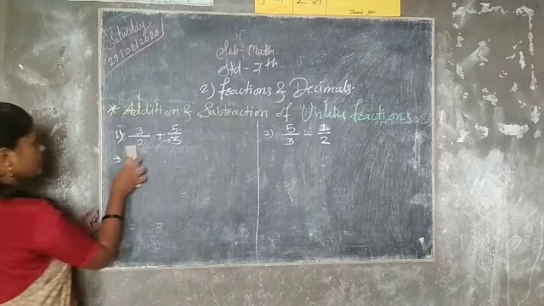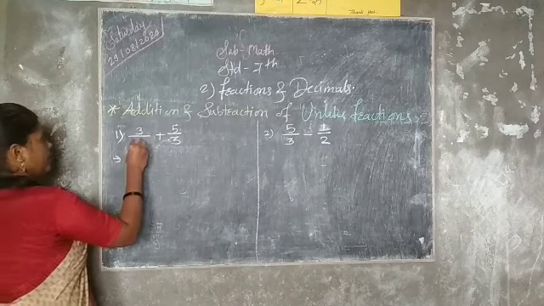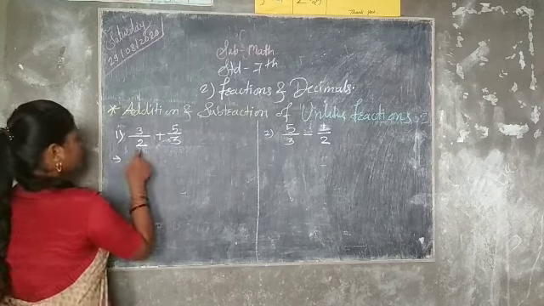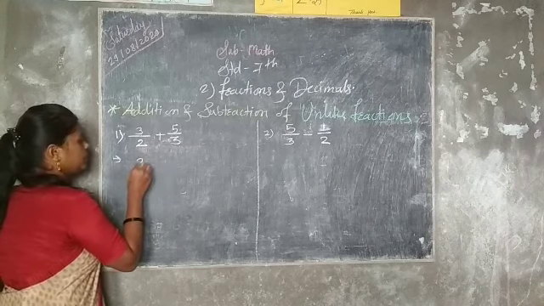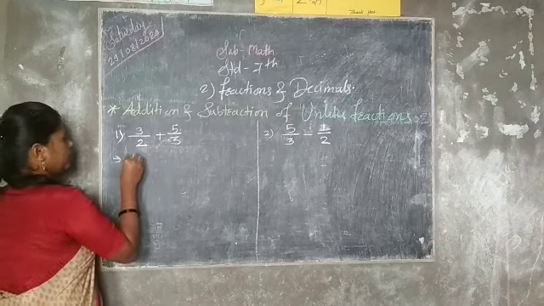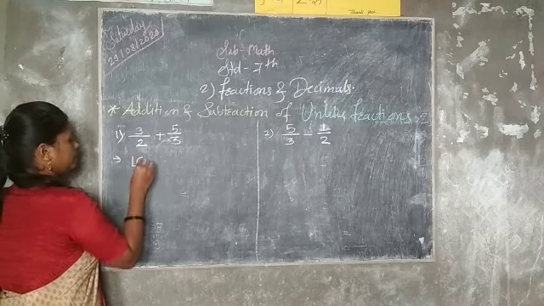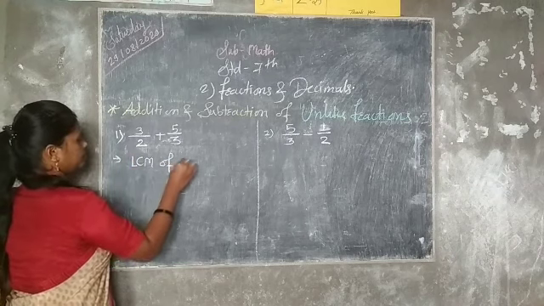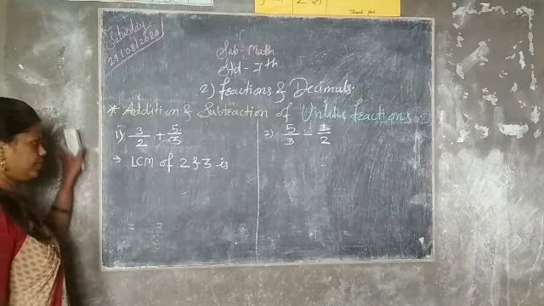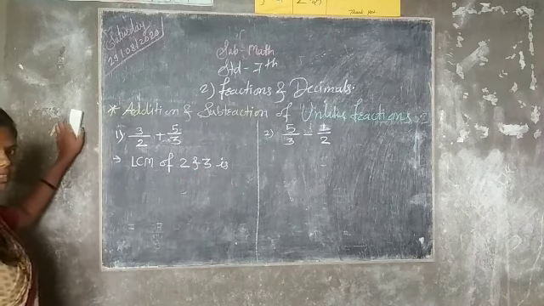Okay, so first method, LCM. Already in your 6th standard you know how to find the LCM. So whatever the denominators 2 and 3, first of all you have to find the LCM of 2 and 3.